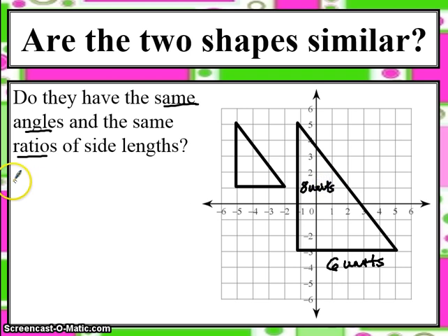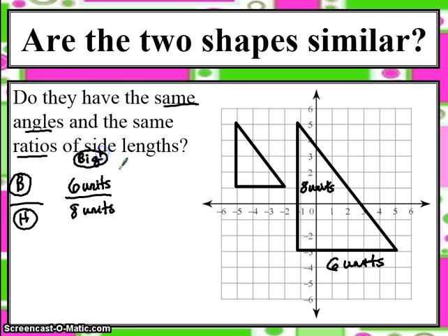Now be sure that you label what your ratio is comparing so that you create a similar ratio here. So we're going to make a base to height ratio. Our base was 6 units and our height was 8 units. And I like to label my ratio so now I know which triangle I got it from. So this was the big triangle.